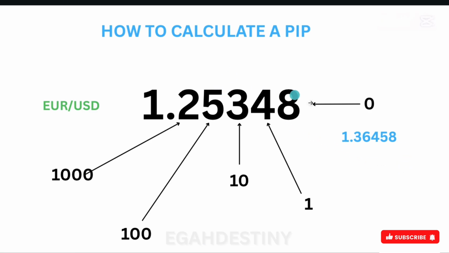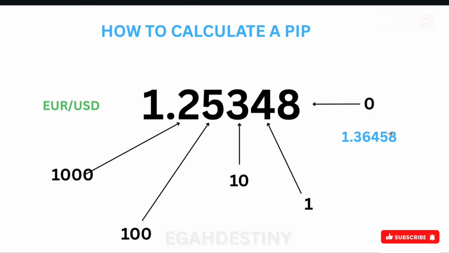Now, like I wrote here in blue, if this price changes from 1.25348 to 1.3645, if you pay keen attention, you notice that each of these digits has increased by 1, meaning price has gone up by 1,111 pips, because 2 became 3, 5 became 6, 3 became 4, and 4 became 5.